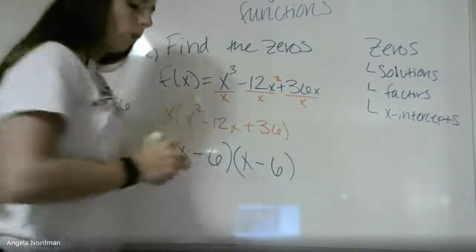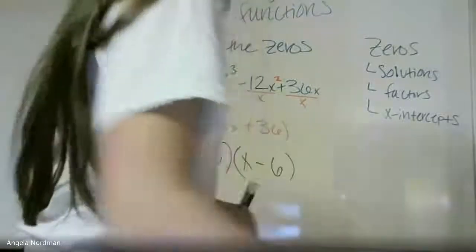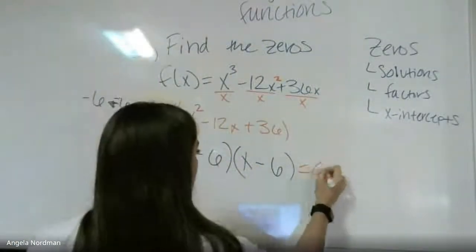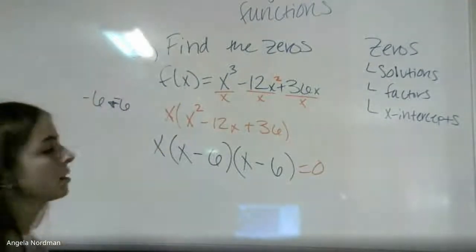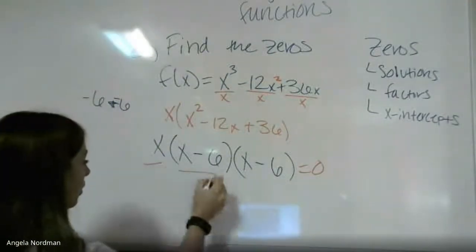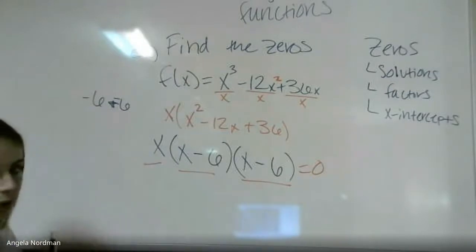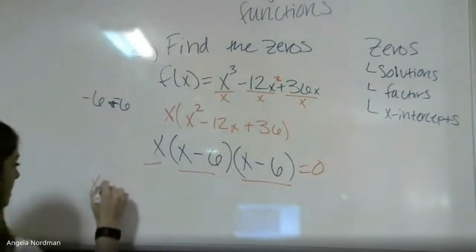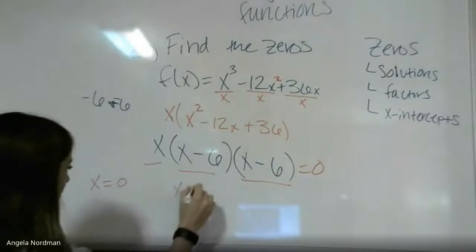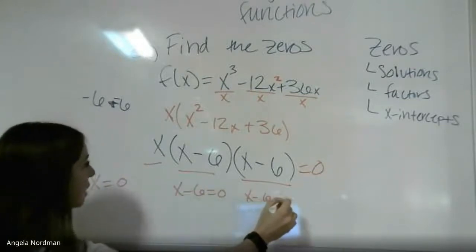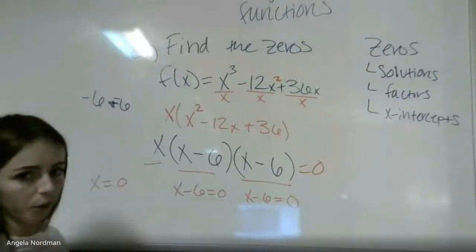When I'm trying to find the zeros and I factor this out, it's kind of like setting this equal to 0. So I take each one of these factors individually and I set it equal to 0. I set x equal to 0, x minus 6 equal to 0, and x minus 6 equal to 0.